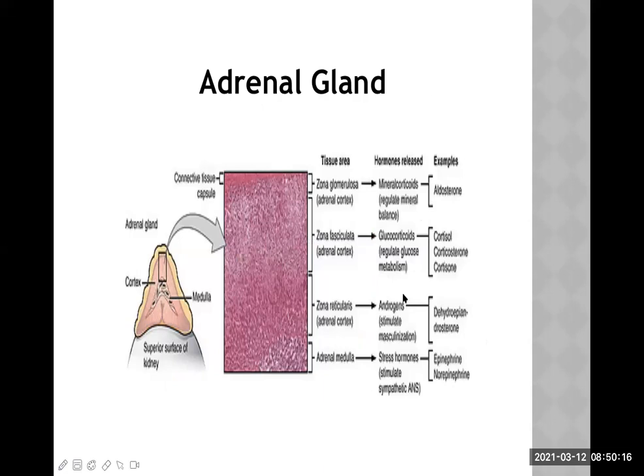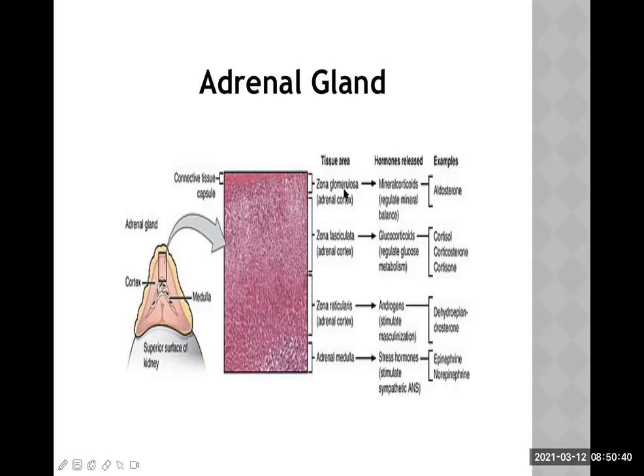See this. This is absolutely basic knowledge for all the students. I am sure many of the students already know this, but if somebody still doesn't know, then please listen properly now. Adrenal gland is cut, cortex outer part, medulla inner part. This is the histological appearance.